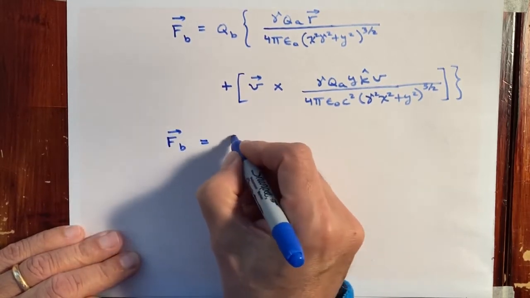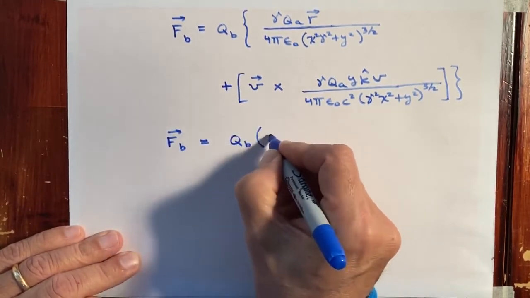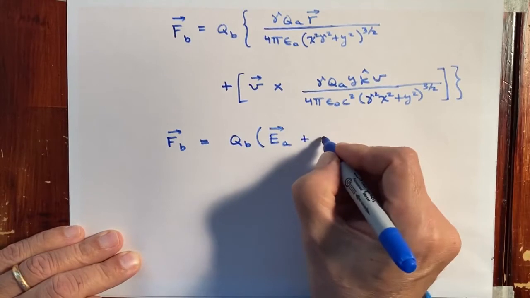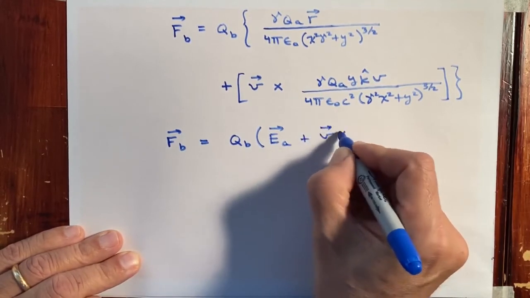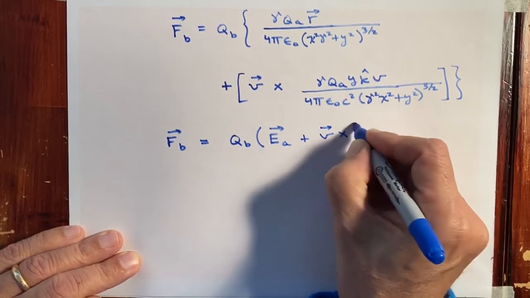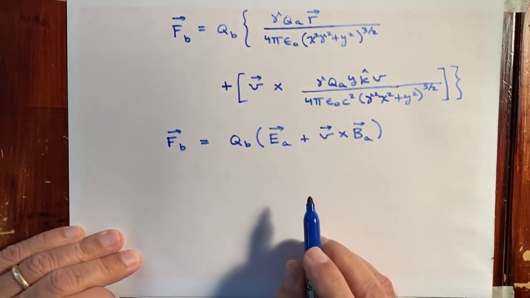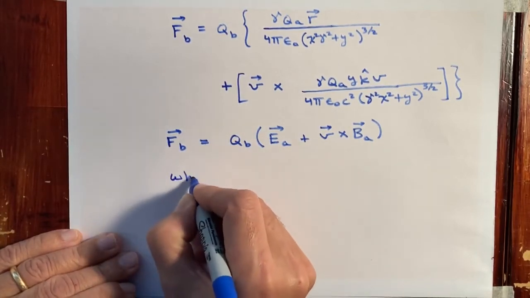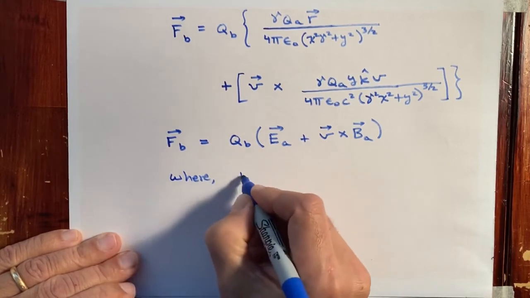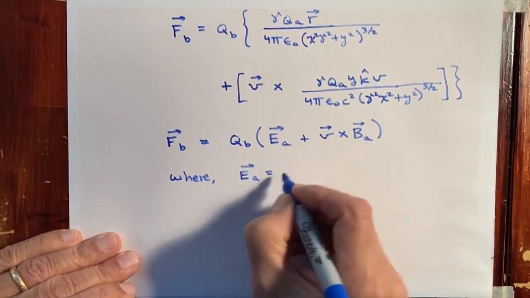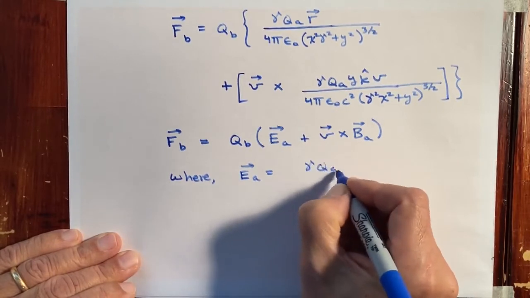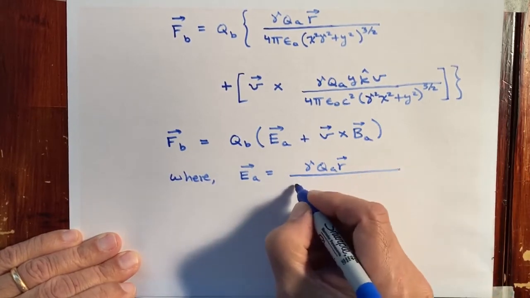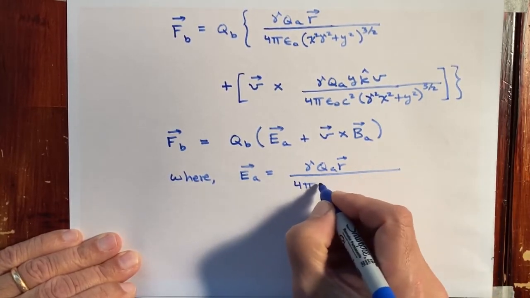F sub b equals q sub b times E sub a, where E is the electric field vector, plus velocity cross B sub a, which we're defining as the magnetic field. And we can then say where E sub a, the electric field vector, is equal to gamma q sub a r over 4 pi epsilon naught times gamma squared x squared plus y squared to the 3/2. And hopefully this will be the penultimate time we write this expression down.